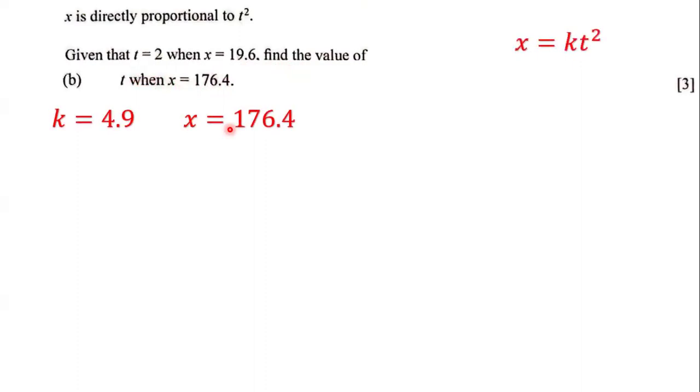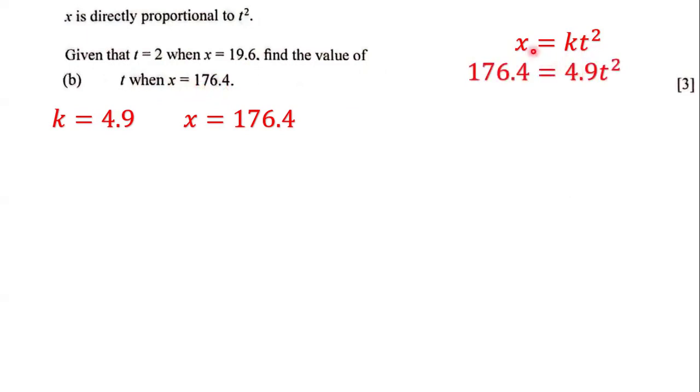Now we use this equation, x is equal to k times t squared, because x is directly proportional to t squared. Now we know that k is equal to 4.9, and we know that x is equal to 176.4. Our goal is to figure out what the value of t will be.